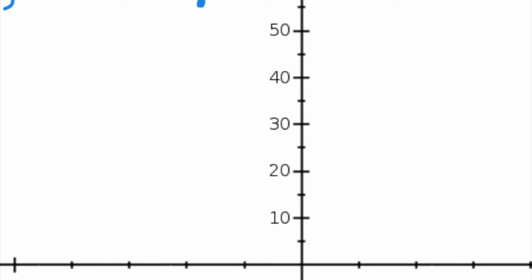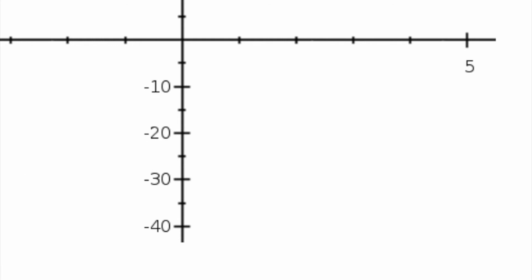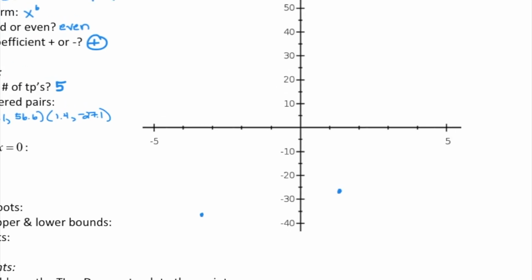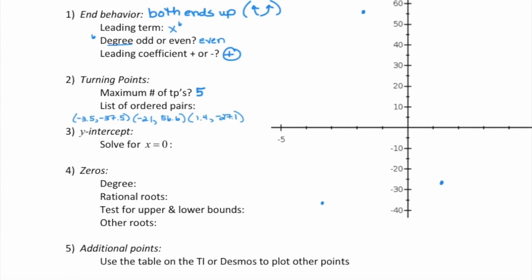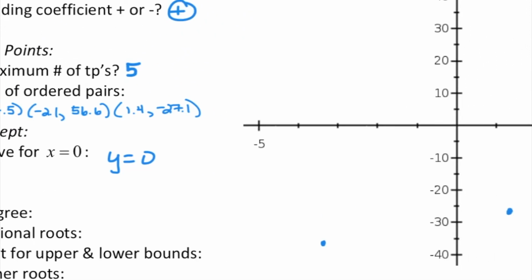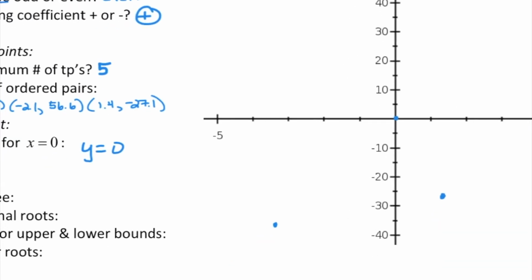And then the positive 1.4 and negative 27, so right about there. So my 3 turning points are there. My y-intercept is going to be 0, and so I'm going to draw that right now. So y-intercept at 0. That also means that there's an x-intercept at 0.